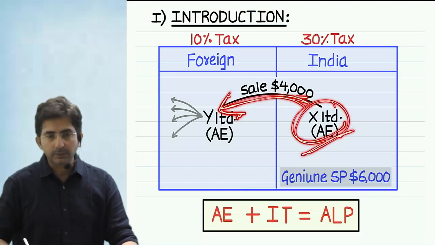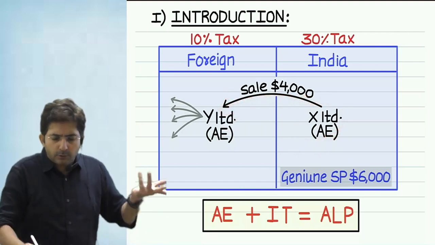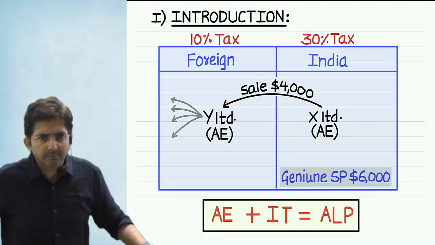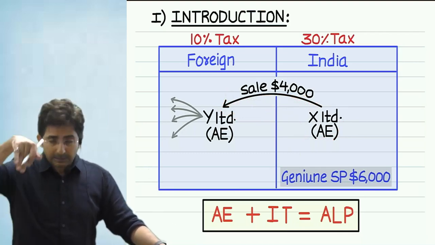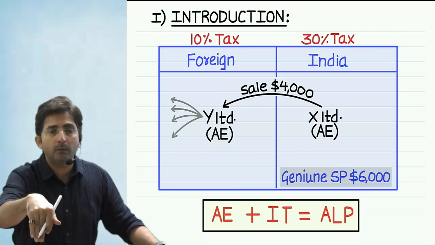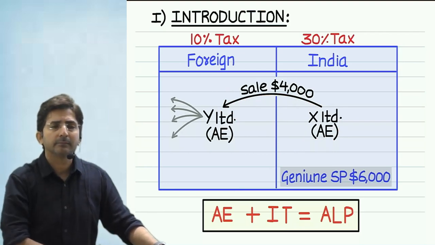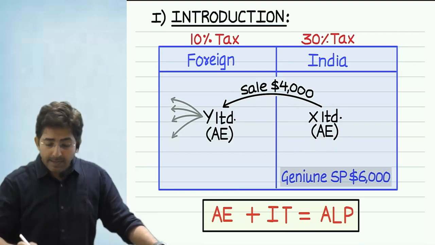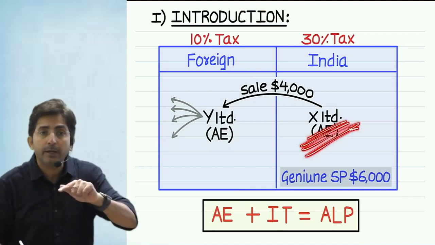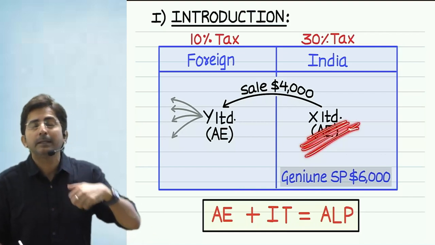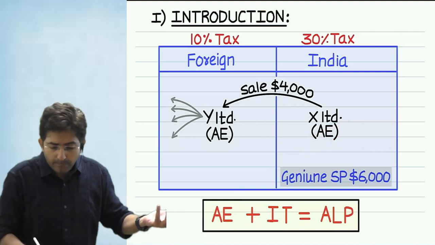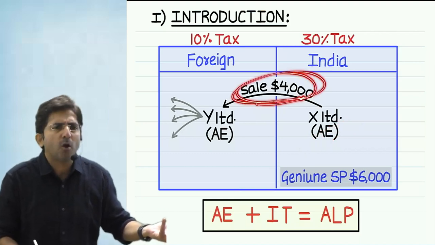So what will X say? I feel $4,000 is a proper price. When X Limited is asked to compute ALP, what would X Limited say? Why? Because I feel 4,000 is proper.